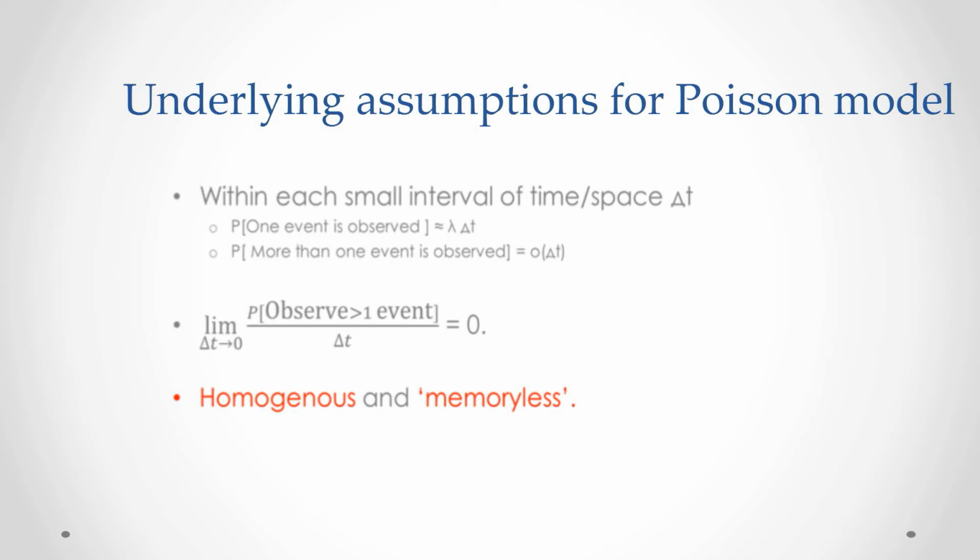That is, it is approximately equal to lambda times delta t for some rate parameter lambda. The probability that more than one event is observed within this interval is small o of delta t, and it can be shown that this leads to the limit as delta t tends to 0 of the probability of observing more than one event divided by delta t equal to 0. These are the assumptions which lead to the Poisson probability mass function.